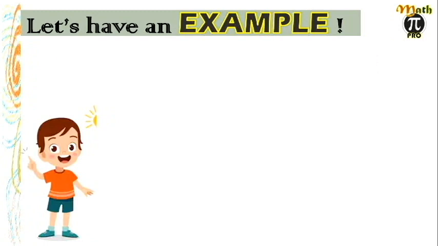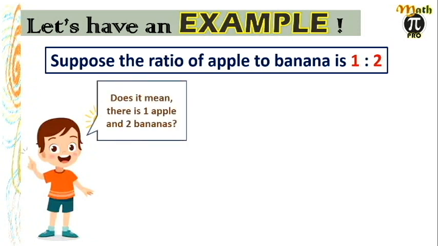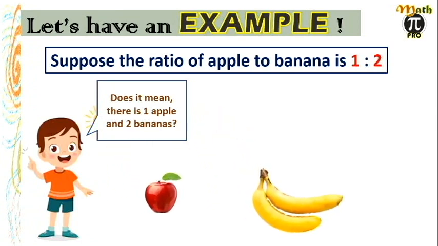Let's have an example. Suppose the ratio of apple to banana is 1:2. Does it mean there is only one apple and two bananas? Yes, it could be, but remember, a ratio is a relationship.